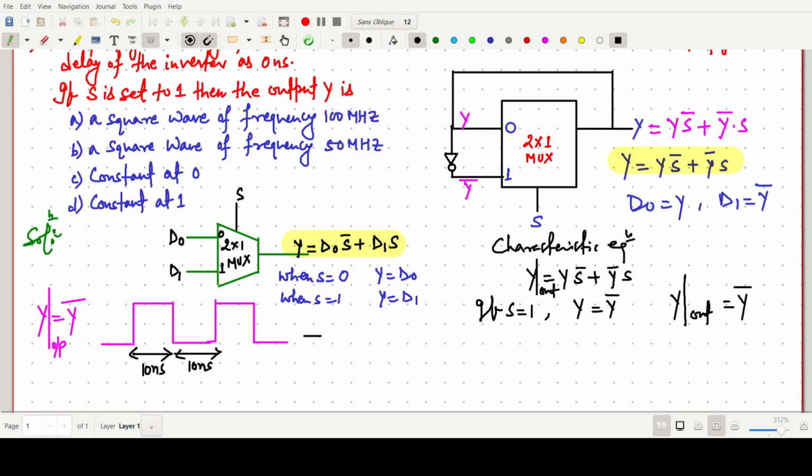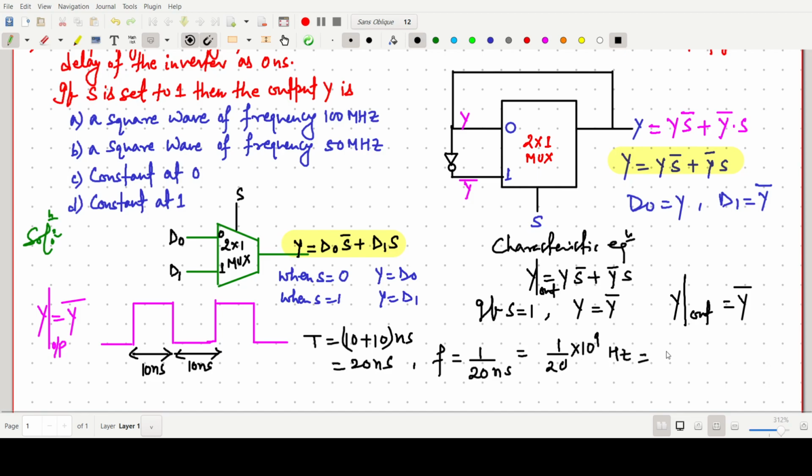So the overall period is 10 plus 10, that is 20 nanosecond. The frequency of this square wave will be 1 by 20 nanosecond, or 1 by 20 into 10 to the power minus 9 hertz.